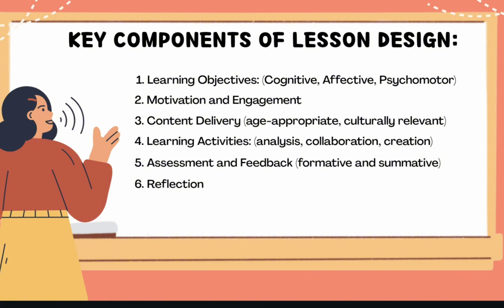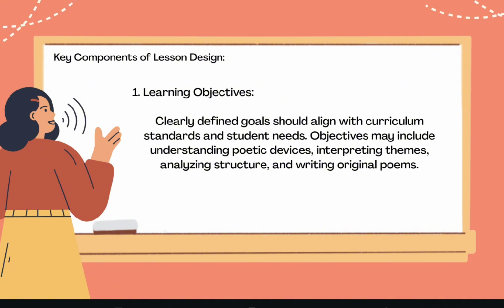Number 3, content delivery. It contains age appropriate, culturally relevant. Number 4, learning activities. Contain analysis, collaboration, and creation. And number 5, assessment and feedback, formative and summative. Number 6, reflection.